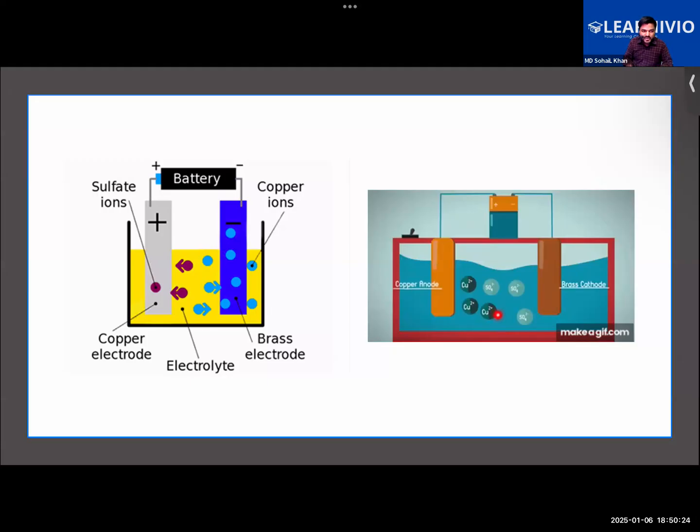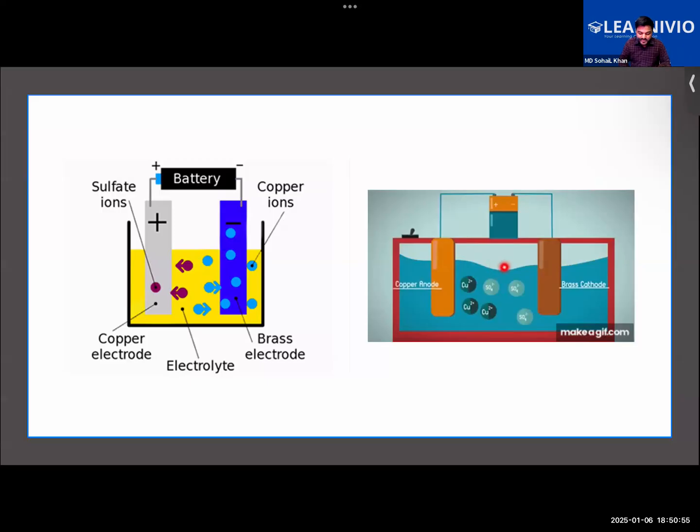If you need to apply a layer of gold over another material, you need an electrolyte that contains gold. Or if you have to apply a coating of silver, you need an electrolyte that contains silver. Getting it, everyone, what I'm trying to say? That is one thing.